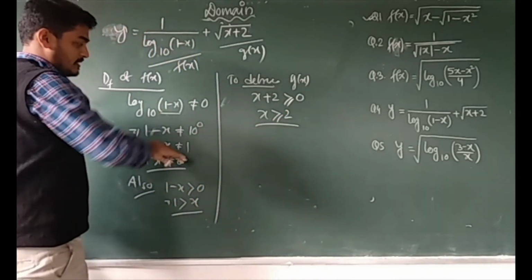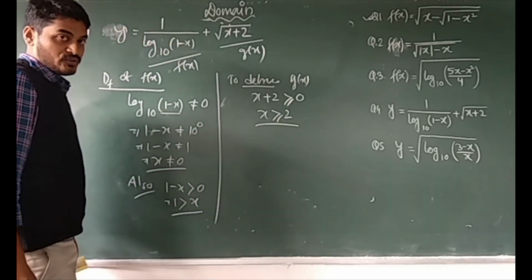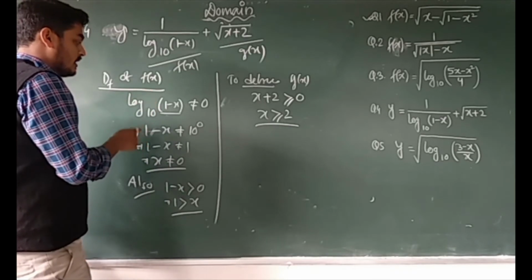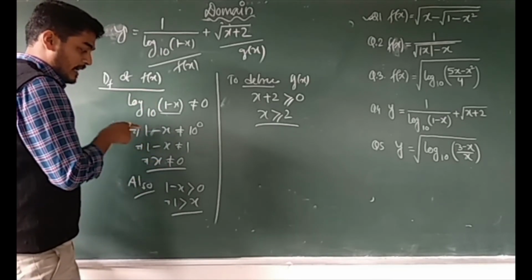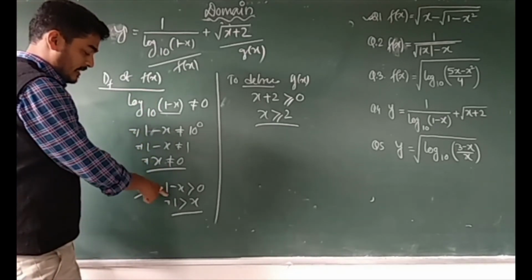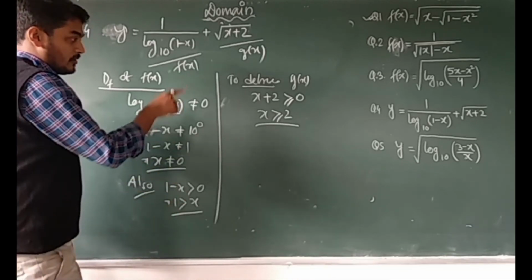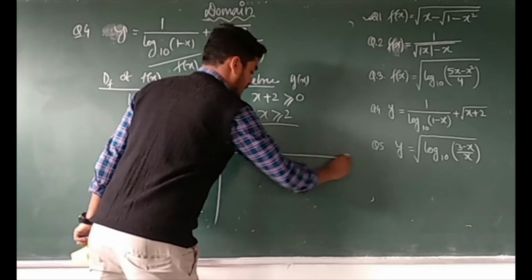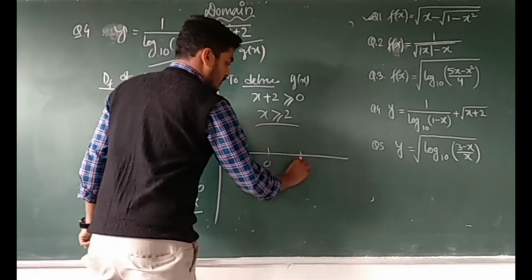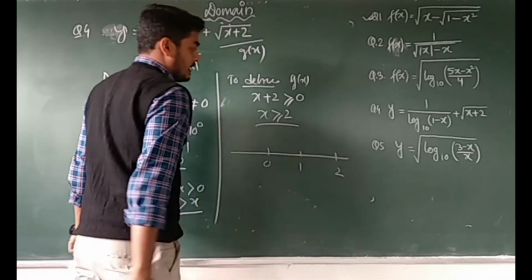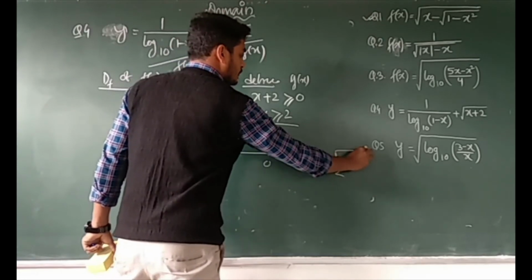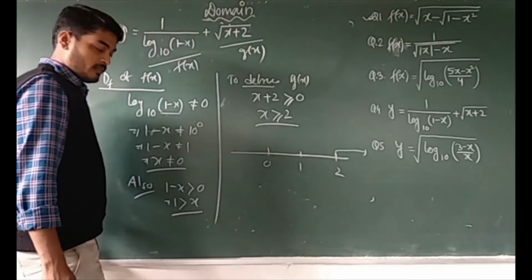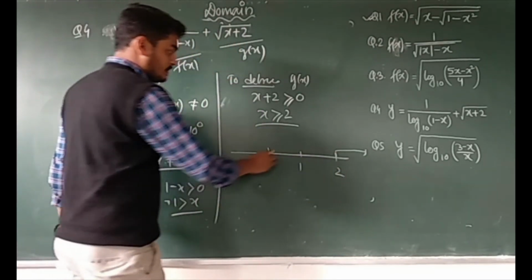Let us summarize and find the intersection of all these conditions. First, x should not be equal to 0, x is less than 1, and x is greater than or equal to minus 2. So let us put it on the number line: this one is 0, this one is 1, and this one is 2. X is greater than or equal to this one, and x is less than 1.